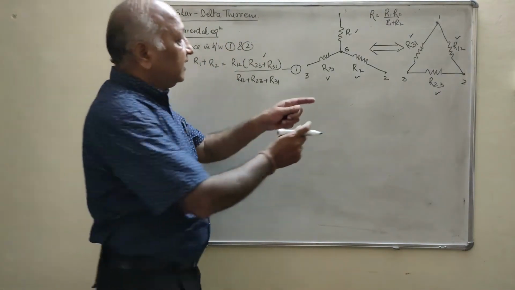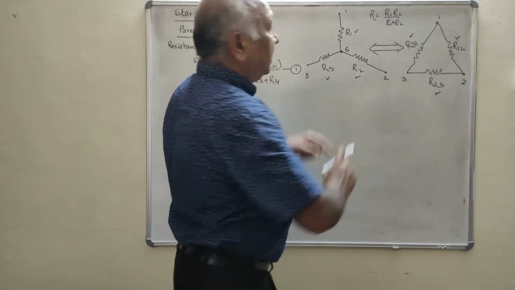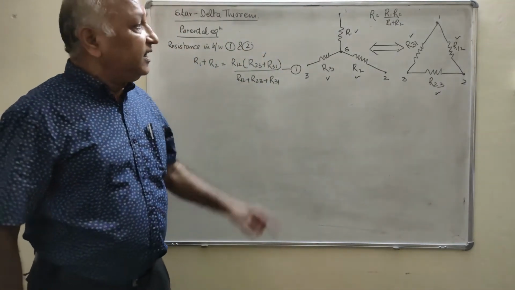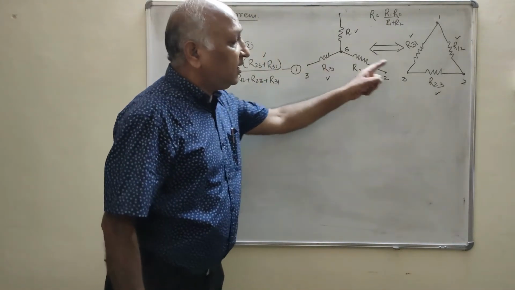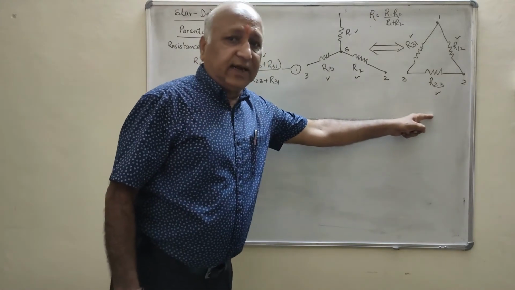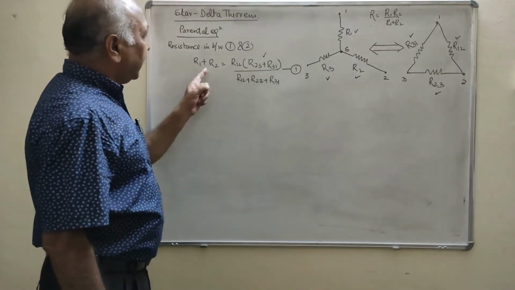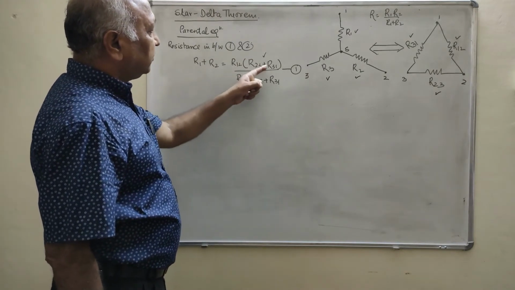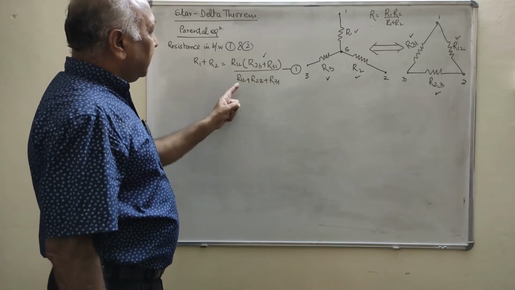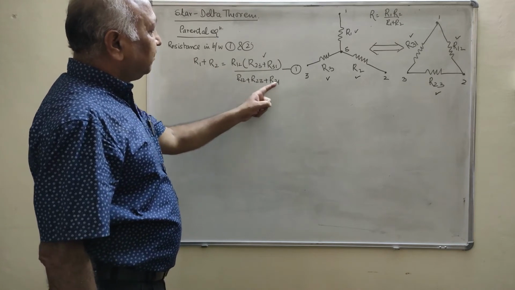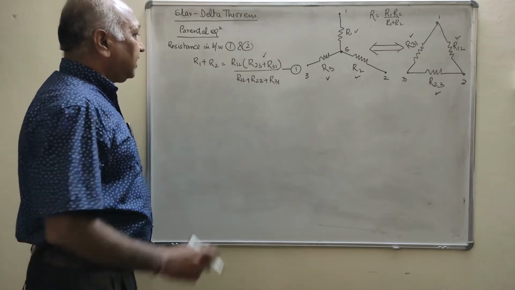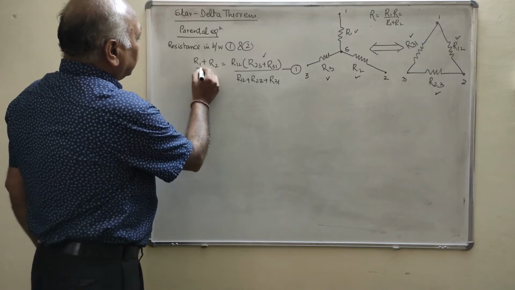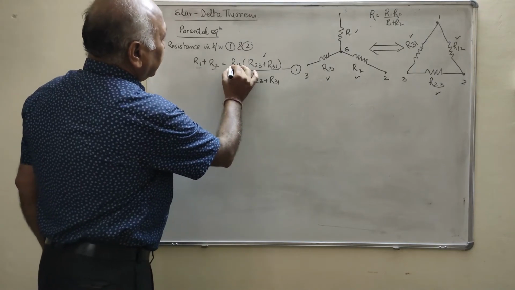That means the resistance between the 2 points will remain unchanged, whether it is the star connection or the delta connection. That's why we write R1 plus R2 equal to R12 into R23 plus R31 upon R12 plus R23 plus R31.